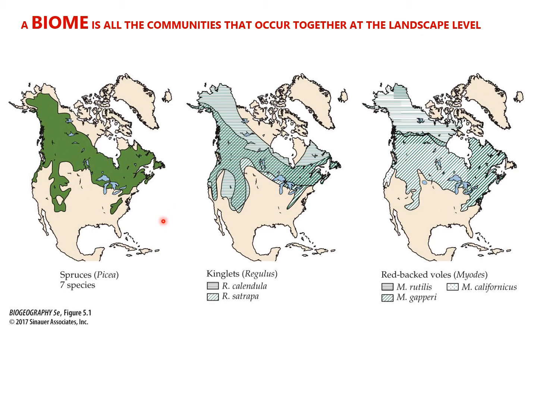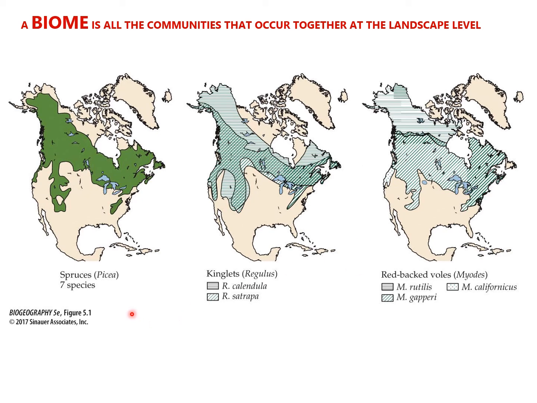Here we're looking at what is unofficially known as the spruce-moose biome, which at northern latitudes you get these groupings that all tend to occur together, not just in North America, but in other areas around the world too, at certain latitudes and at certain elevations. That's something to remember, the pattern between elevation and latitude. As you go up in elevation, even if you're at lower latitudes, you tend to get environments that are similar to northern latitudes.